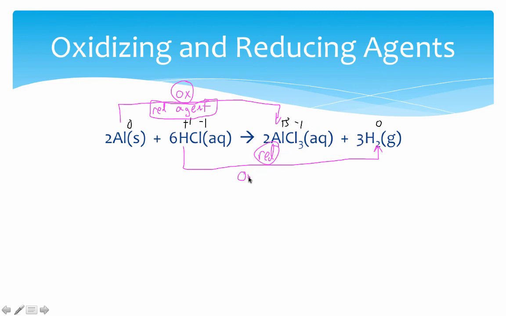But that also means it is the oxidizing agent. So this is the second thing I expect you to be able to identify here: not only what is being oxidized or reduced, but also what the oxidizing agent and the reducing agent are. Again, it might seem like an unnecessary complication, but later on down the road, being able to identify these is going to help us in our discussion of reducing and oxidizing reactions.